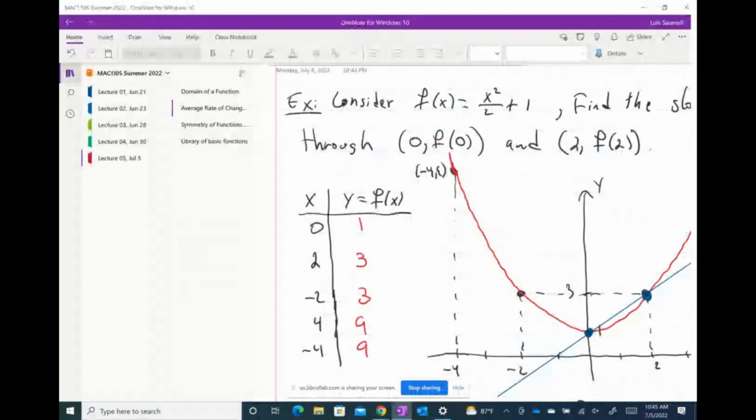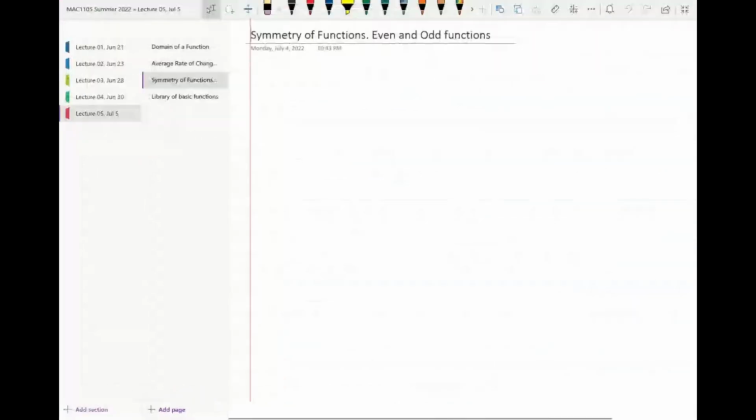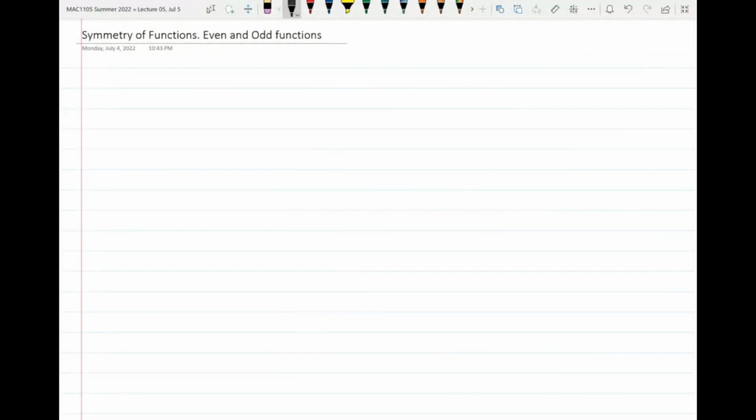So let me write that down. So for symmetry, first let's talk about even functions.